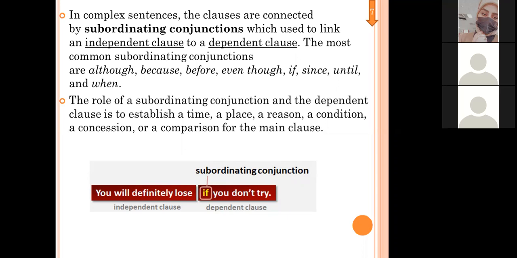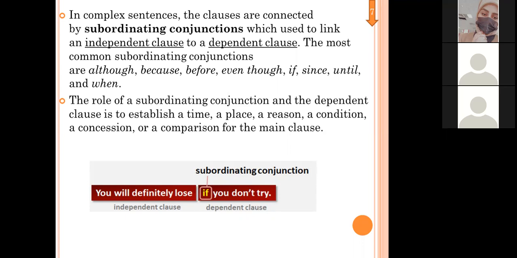Some of the subordinating conjunctions are because, although, how, once, though, until, before, even, if, when, where, while, and many more.